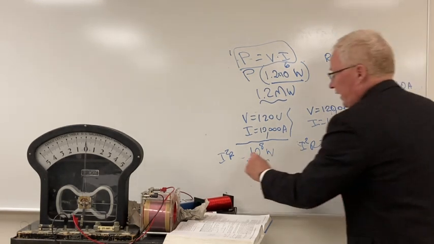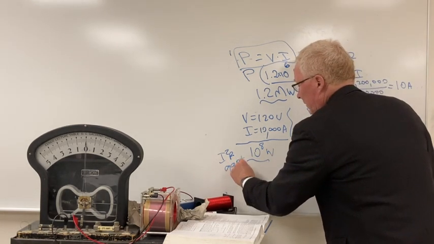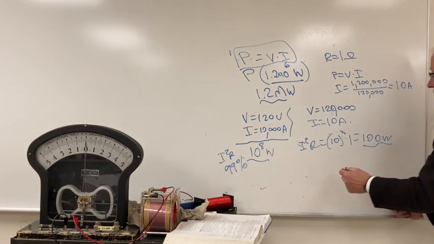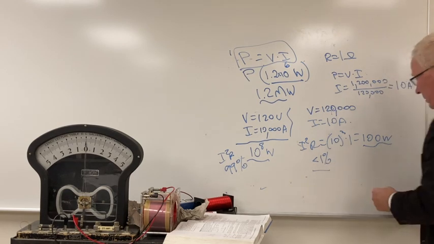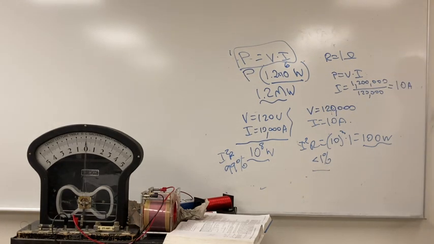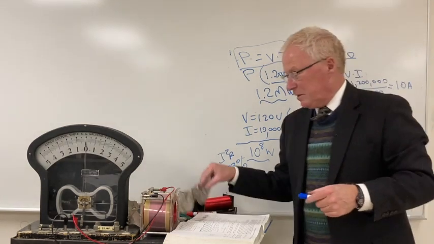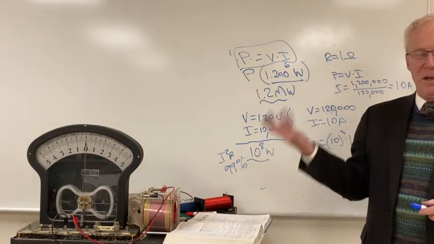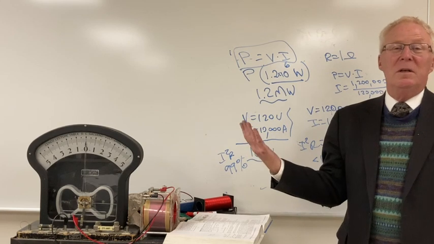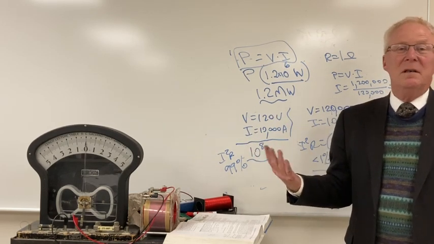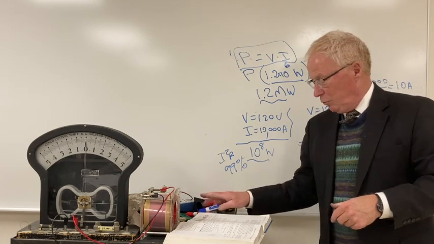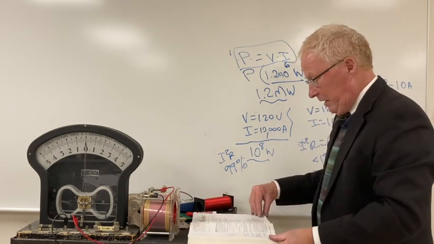So instead of 99% being lost, we have less than 1%. And that's the reason for having high voltage power lines, is you can transmit a lot of power very efficiently using real wires. Now, if you had superconducting wires which have no resistance, then you could transmit any voltage you want. But that's what we have there.